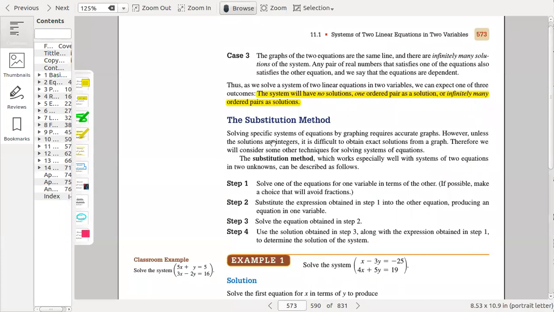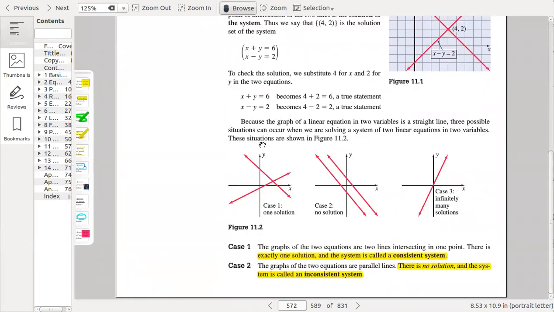One is that these two lines can cross each other. The other situation is that these two lines can be parallel. The third way is that these two lines are actually one single line.